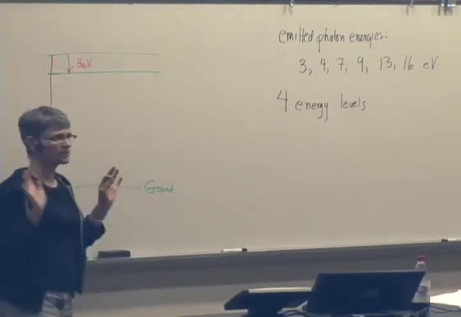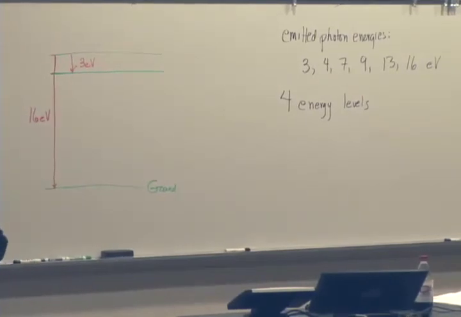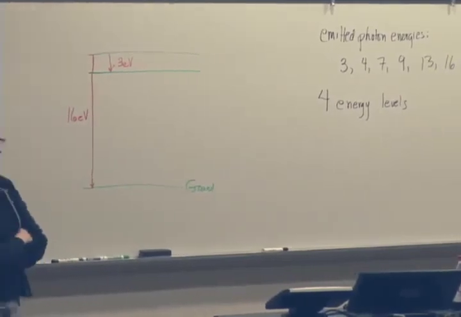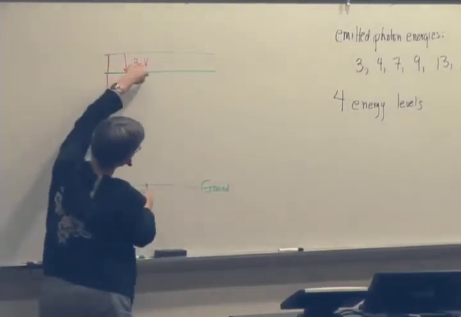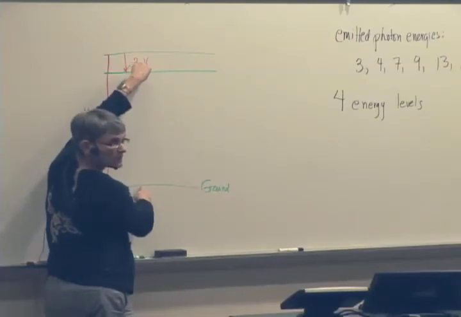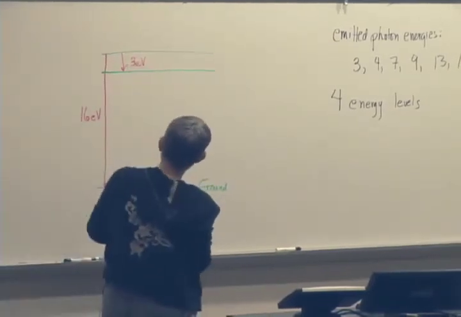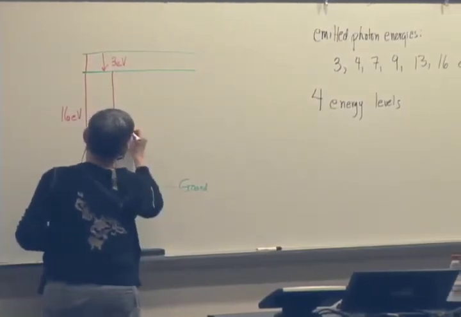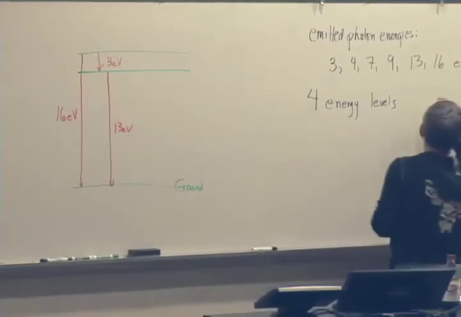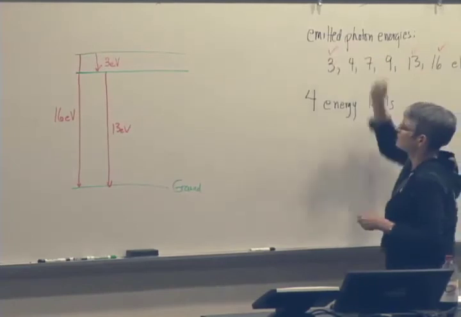We already have a situation where we can check something to see if this is right. How do we check? What about this energy difference? That better correspond to one of the photons we detect, hadn't it? So this is going to be what? 13 eV, looks like here. And that's good. So we've taken care of this one, and that one, and that one.